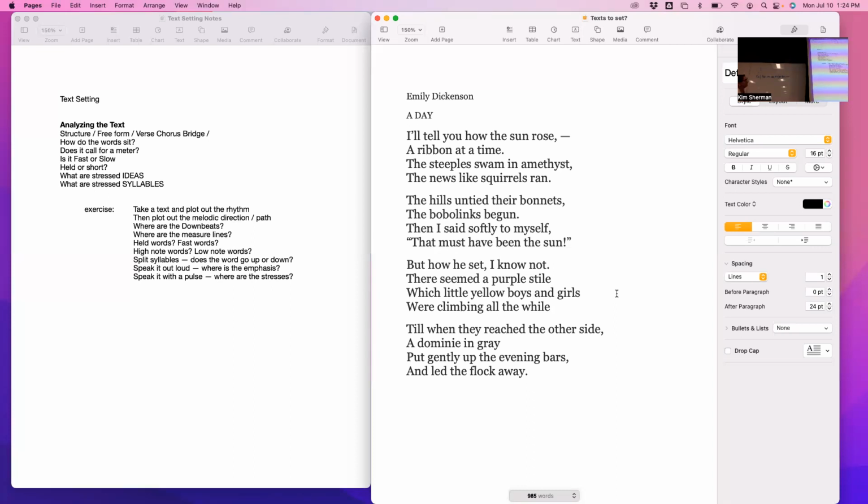Yeah, I like the 6/8. Okay, let's go. 6/8, so this is going to be a quarter and an eighth, right? And the sun rose, sun rose. I'll tell you, two dotted quarters. All right.